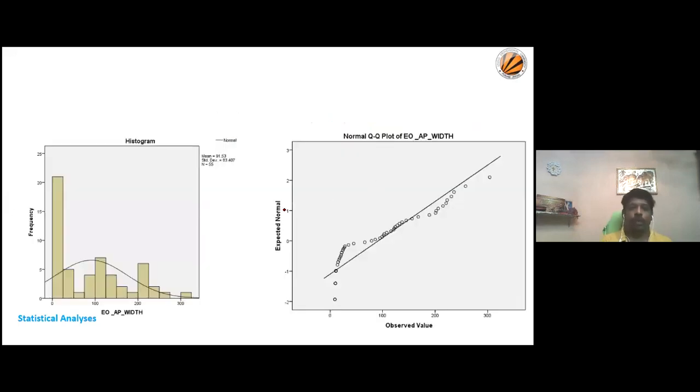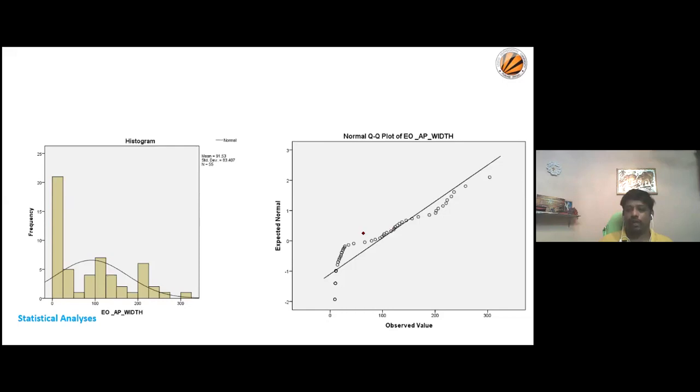Another way of doing it is the histogram, a visual method. This slide indicates that it's somewhat skewed towards the left side. It means visually it's not normally distributed. Again, this QQ plot also is not in a straight line.